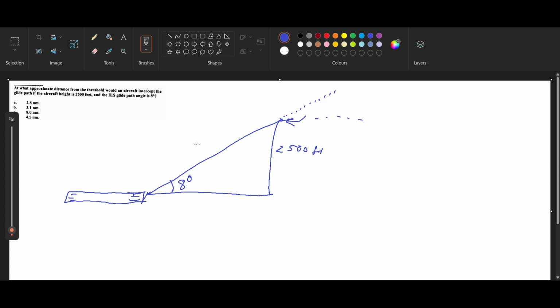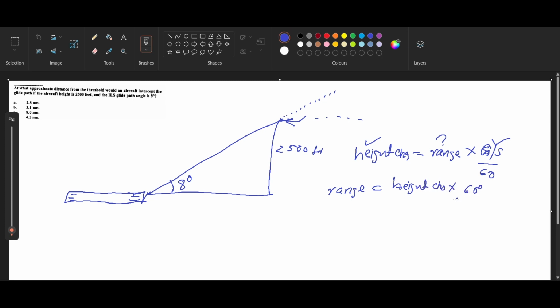We'll use the 1 in 60 rule for this question. As per the previous question, the 1 in 60 rule says height change is equal to range into glide slope or slope angle by 60. We have the height here and we have the glide slope angle, so we need to find this range. We'll rearrange the equation. Range is equal to height change into 60 by slope angle, or glide slope.